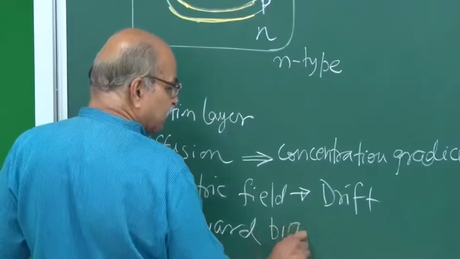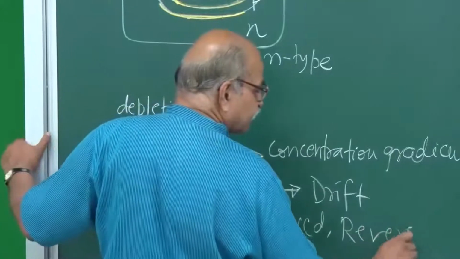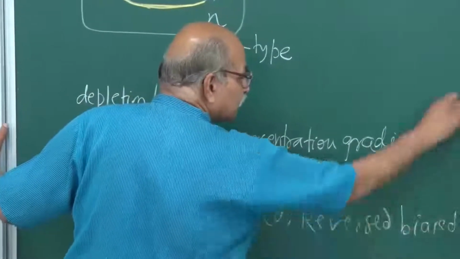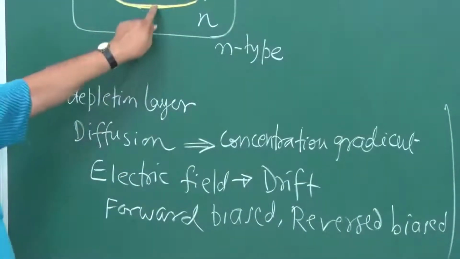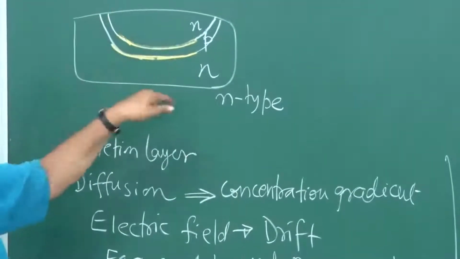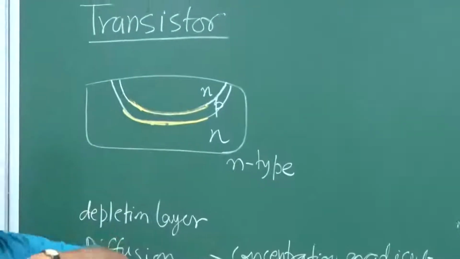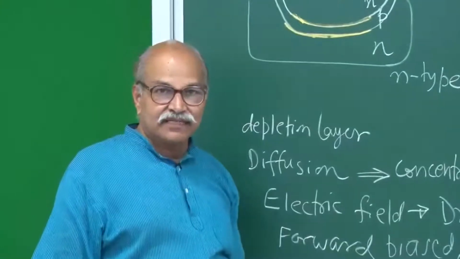So forward biased, reverse biased, all that Pn junction characteristics that we have studied will be here and will be here. And this combination becomes so important. It gives rise to a transistor, and a transistor can do many more applications than a single Pn junction.